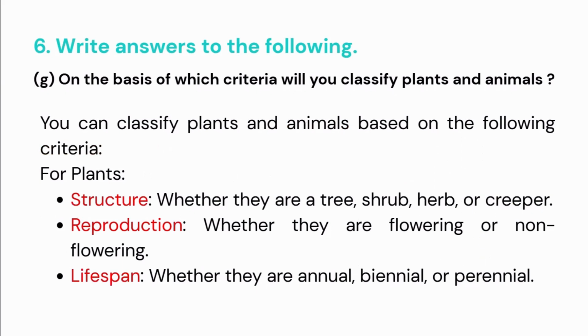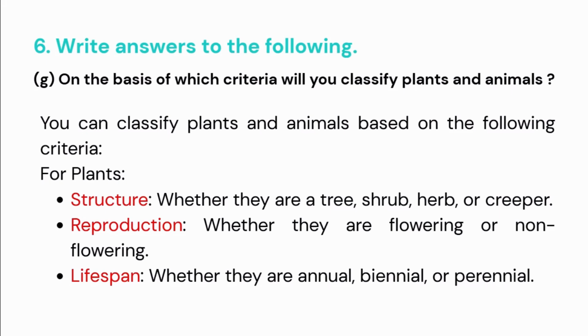Next one, on the basis of which criteria will you classify plants and animals? You can classify plants based on the following criteria. Structure, whether they are tree, shrub, herb or creeper. Reproduction, whether they are flowering or non-flowering. And lifespan, whether they are annual, biennial or perennial.